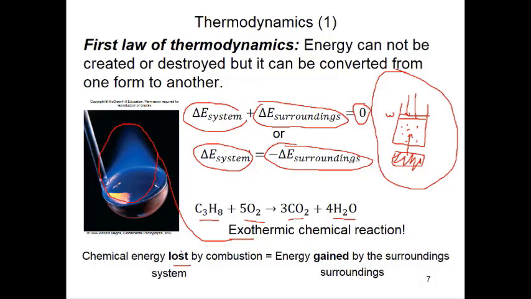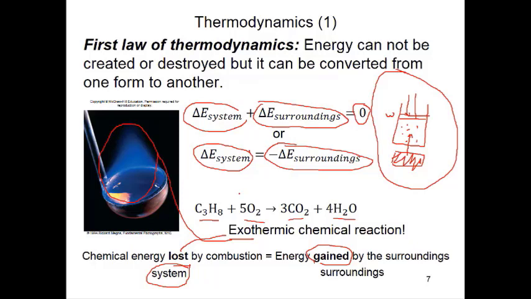This is the heat, exothermic, this is the loss from the system, and it will be equal to the energy gained by the surrounding. The quantity of energy produced by burning the propane will be equal to the quantity absorbed by the surrounding. Both will remain the same.